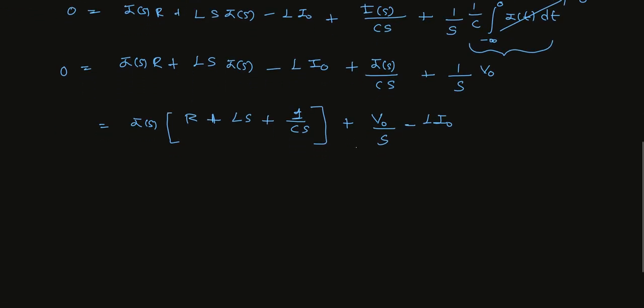So take these two values to this side. So I am writing this 0 here for our simplicity. Okay, so I am taking this whole term to this side, that is the right side.